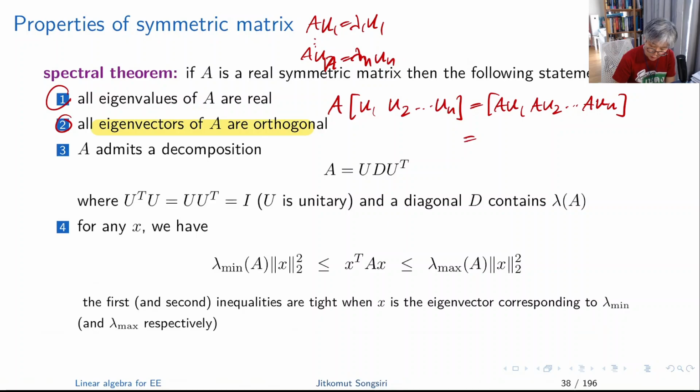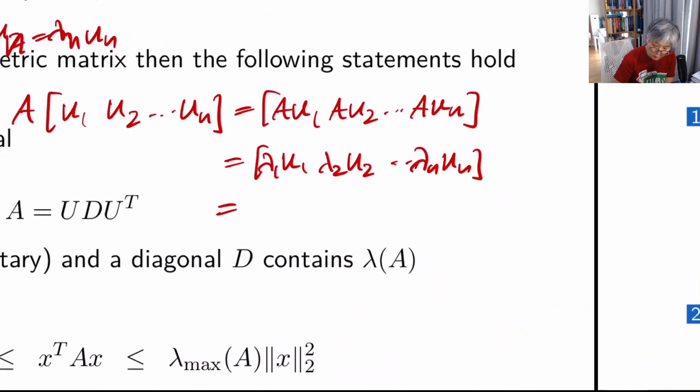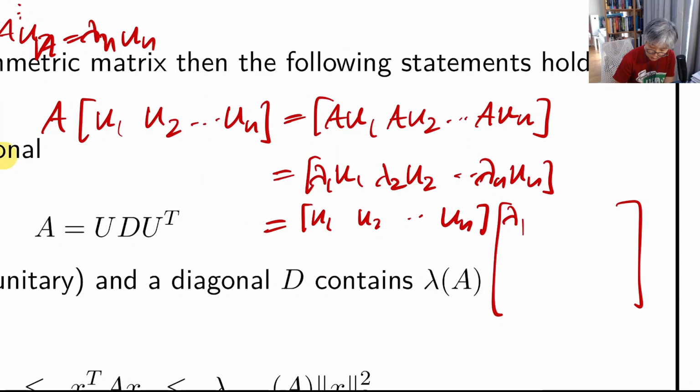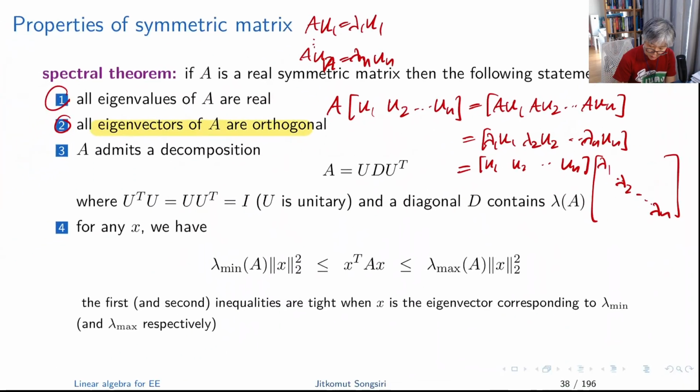And because these Uk are eigenvectors, you have this. And that is like you scale each eigenvector with lambda k. And when you scale all of the column vectors in this way, it's the same as you multiply the diagonal of lambda on the right hand side.